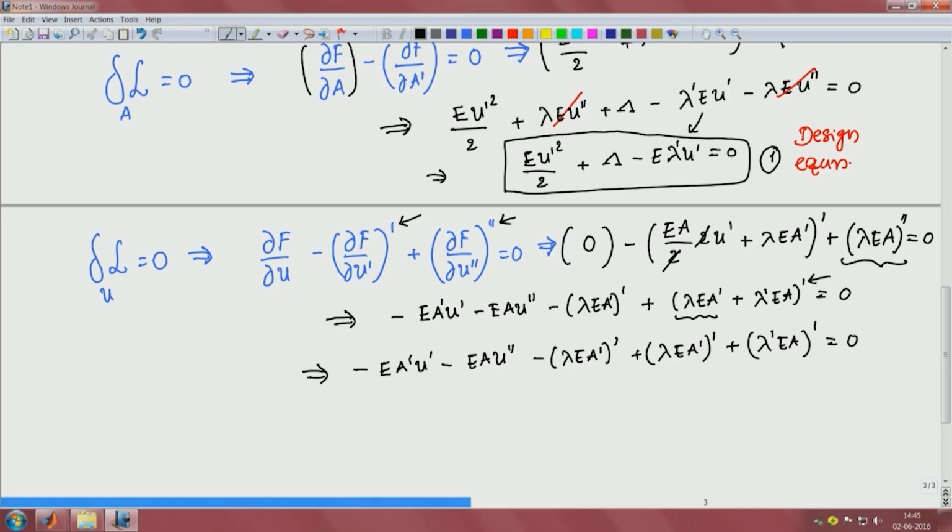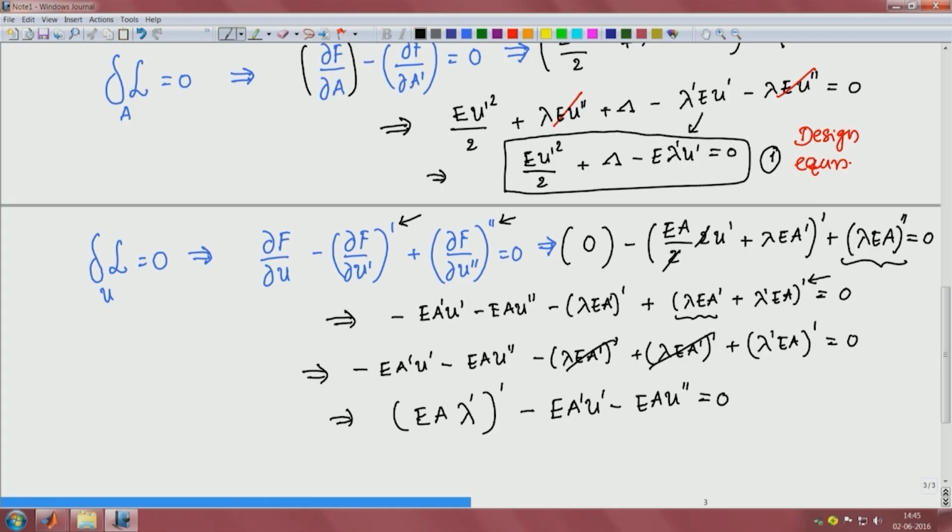Now, if we look at this, these two get cancelled. So what we are left with in this case is lambda prime E A, prime, minus E A prime u prime minus E A u double prime equal to 0.